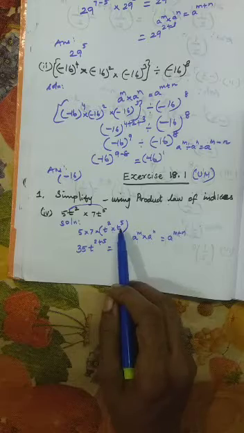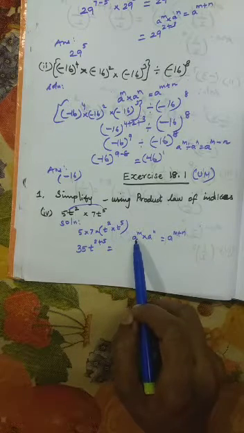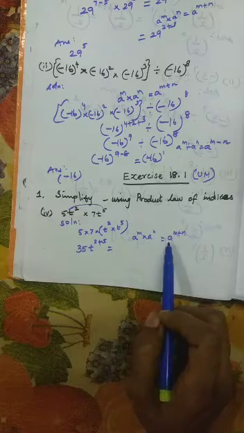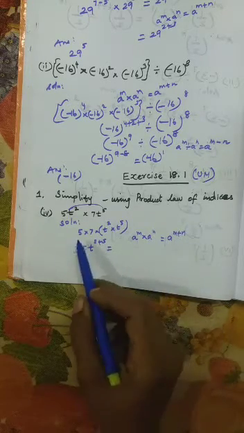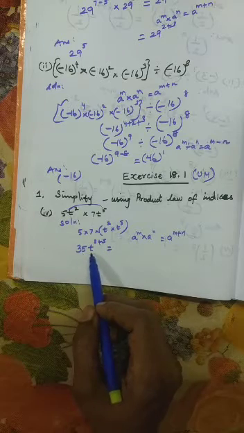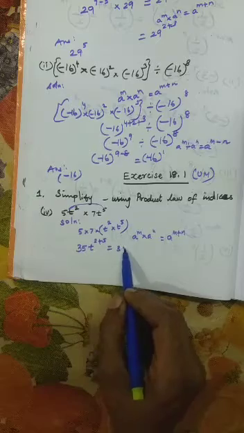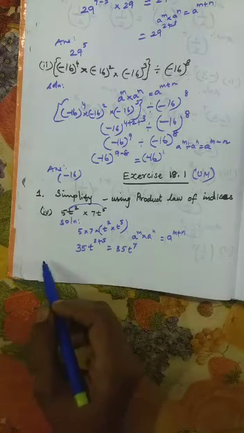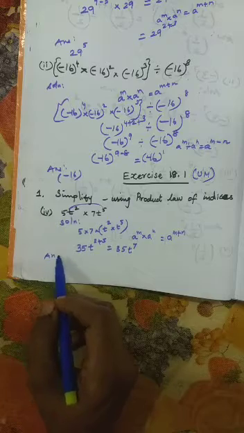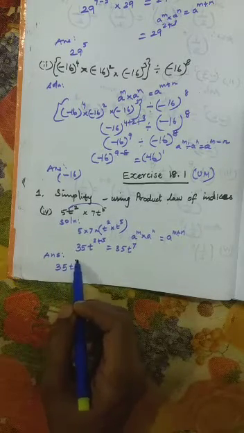So t square into t power 5. Here we are using the formula a power m into a power n equal to a power m plus n. Okay. So 7 5s are 35 t power 2 plus 5. So 35 t power 7 is the answer. So we have simplified. The answer is 35 t power 7.